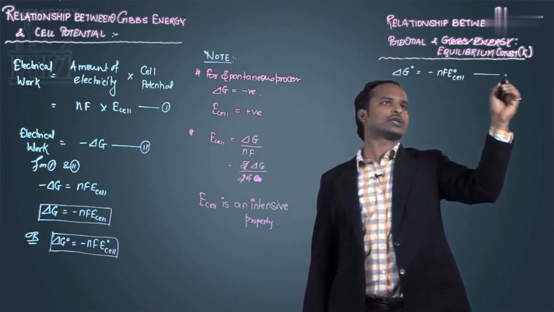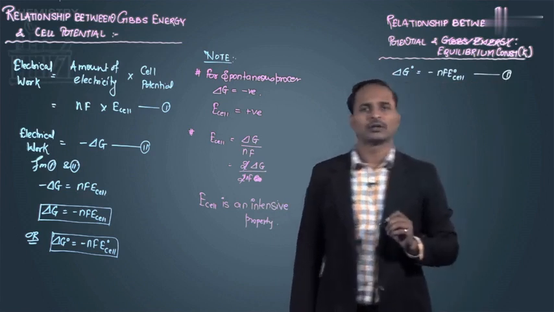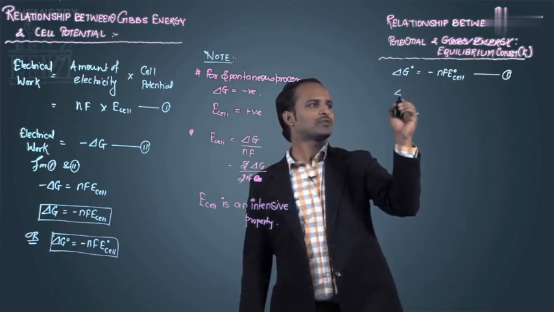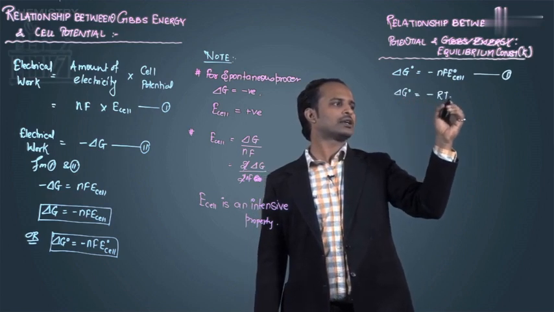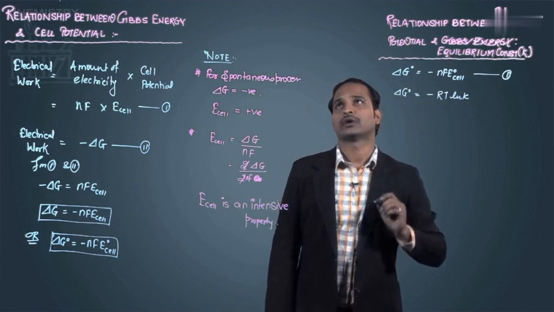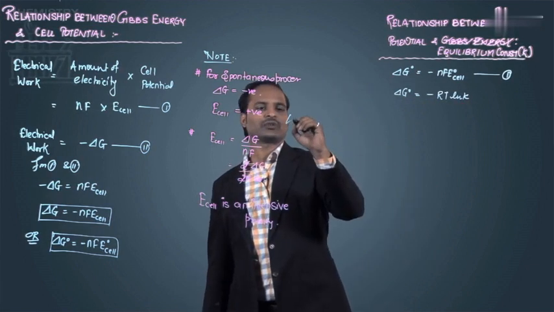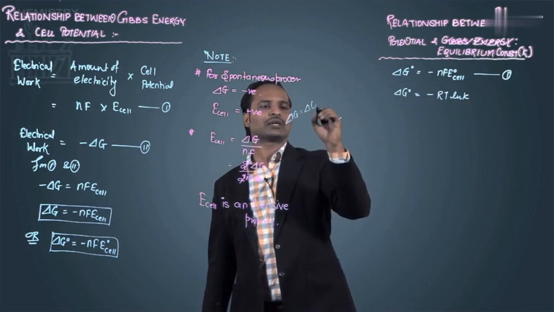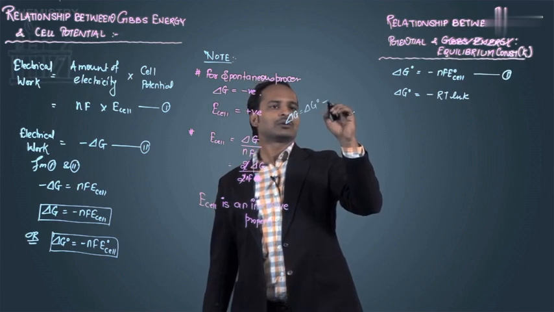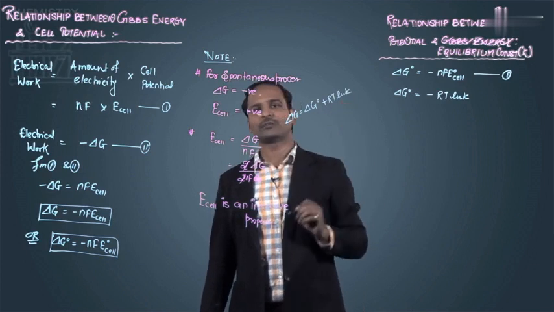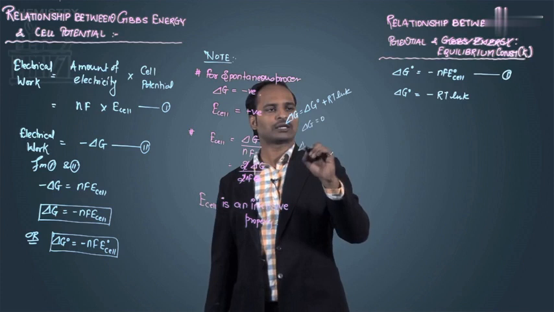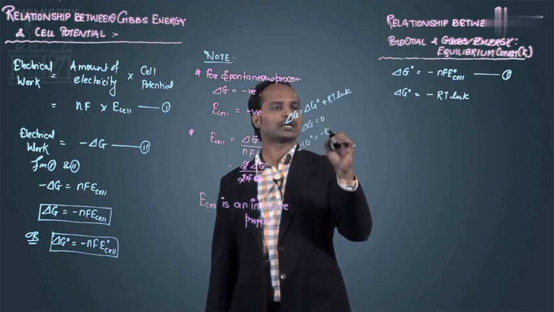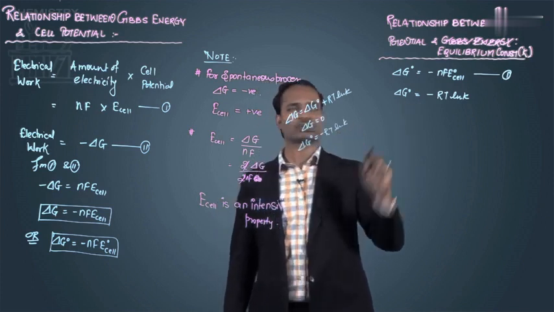In thermodynamics, we have learned one more formula for the delta G naught, that it is equal to minus RT ln K. In thermodynamics, we have a relationship between the Gibbs energy and standard Gibbs energy, that delta G is equal to delta G naught plus RT ln K. And if I am considering an equilibrium state, then delta G becomes 0, and so delta G naught becomes equal to minus RT ln K.